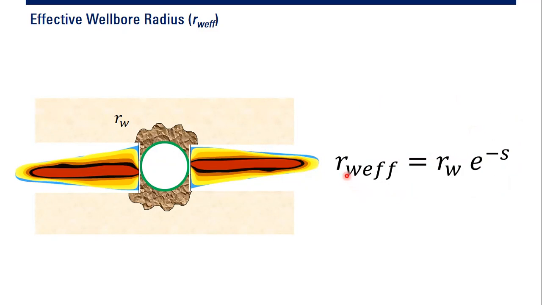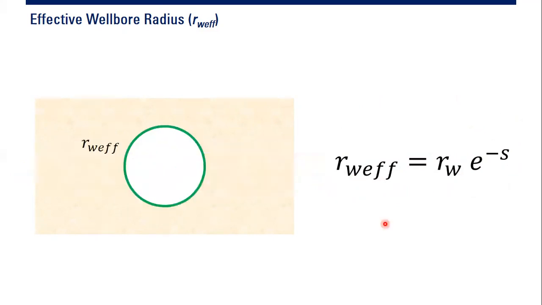So the effective wellbore radius is now greater than the original wellbore radius. And of course, it will enlarge the capacity of your wellbore. It will enhance the productivity of your wellbore. So it is the concept of effective wellbore radius, which is very much connected to the skin factor.